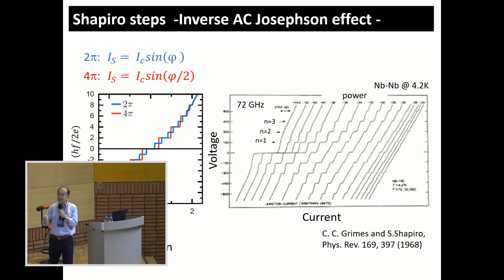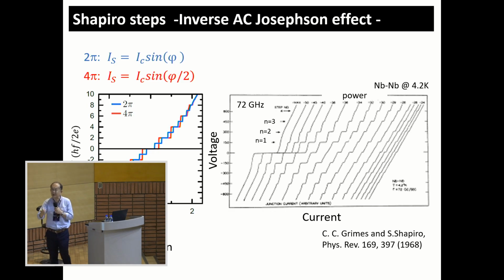But in this case, if you assume the ordinary current phase relationship with 2 pi periodicity, we should see all the steps, 1, 2, 3, 4, 5.